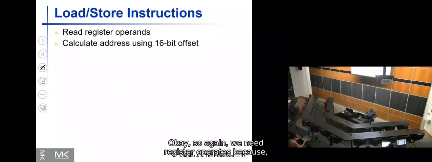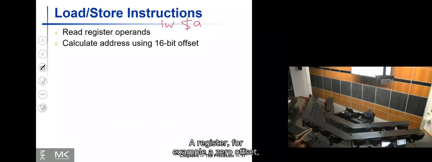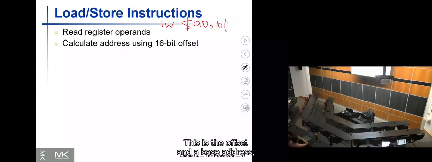Okay. So again, we need register operands because, for example, for a load, what do we have? We have load, a register, for example A0, with offset and base. Some offset, like say 10, this is the offset, and a base address, for example S0.